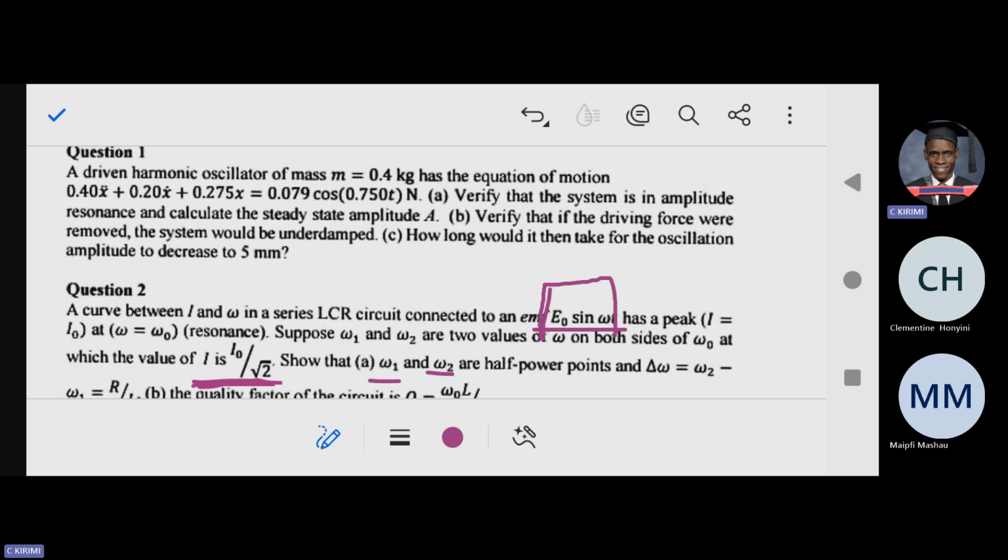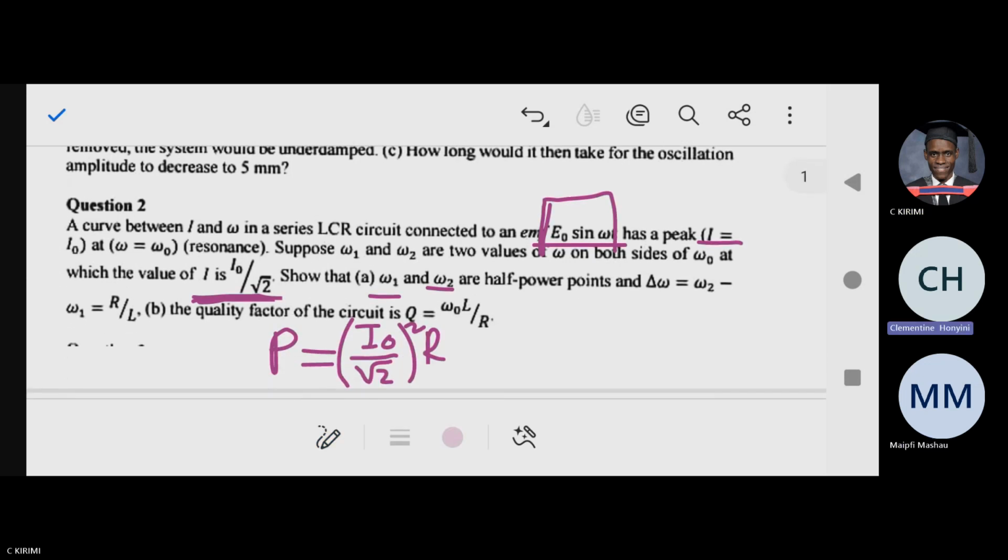Then they are saying I naught, the peak current, equals the current here, and we are told that I equals I naught over root of 2.